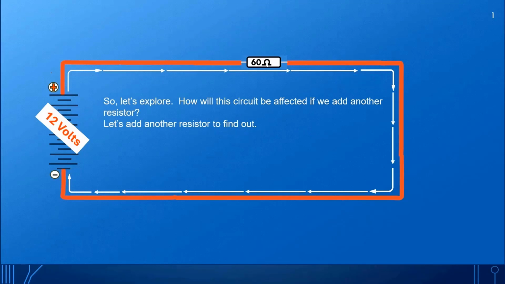So let's explore. How will this circuit be affected if we add another resistor? Let's add another resistor to find out. This is the new component, and as you can see, it too has a value of 60 ohms. With two resistors in the circuit, the overall resistance will change.